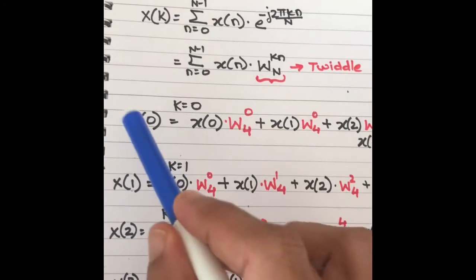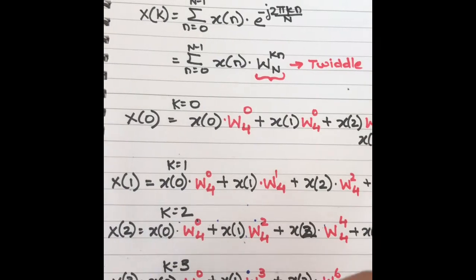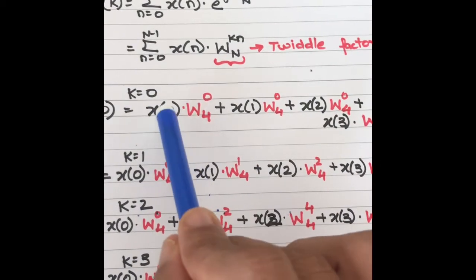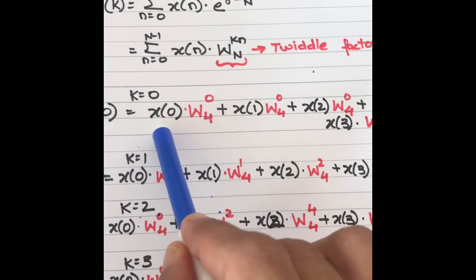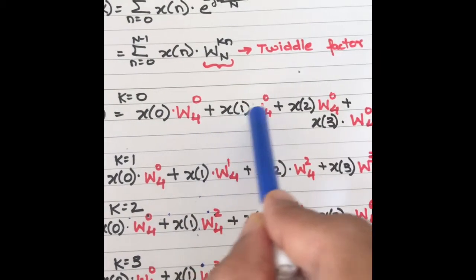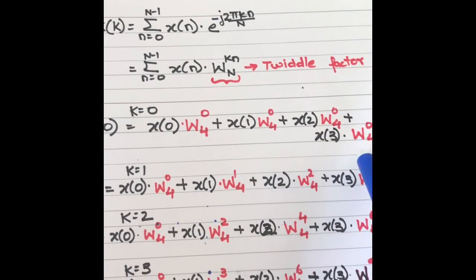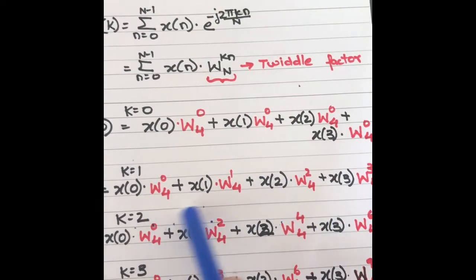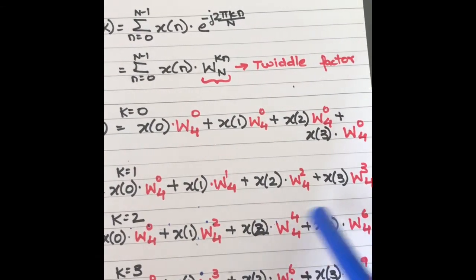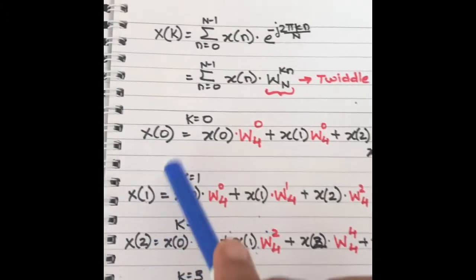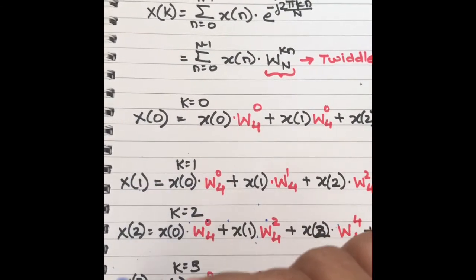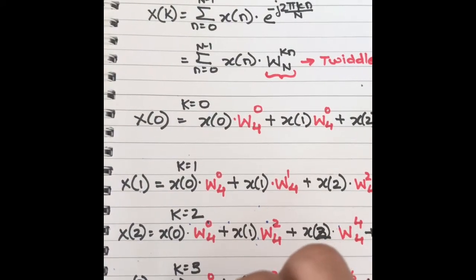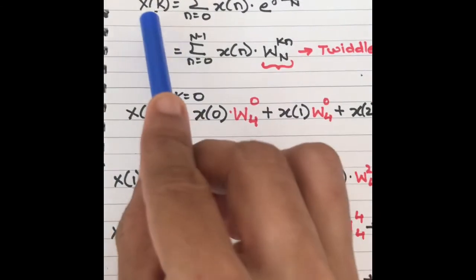Likewise, I have expanded for x of 0, x of 1, x of 2, x of 3. On substituting different values of the time domain signal x of n, x of 0, x of 1, x of 2, x of 3, and multiplying it with the twiddle factors, we will get our 4 samples at the output, X of 0, X of 1, X of 2, X of 3, that is the frequency domain signal X of k.